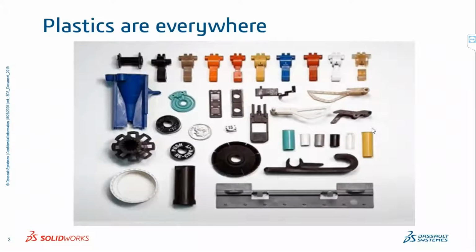So plastics are everywhere. The mass use of plastics started in the 1950s and has steadily grown ever since. Today more than 300 million tons of plastics are produced annually. The popularity of plastics is due not only to its low production cost, but also its numerous practical characteristics like low weight, acid resistance, and flexibility.